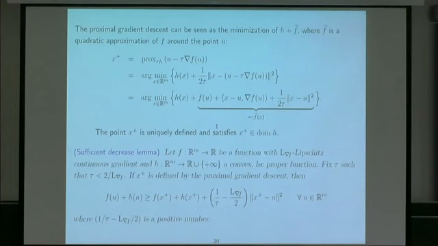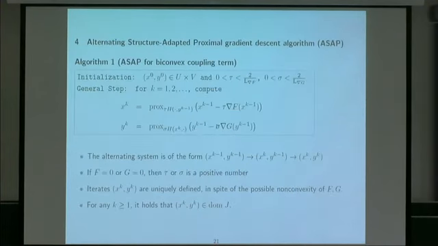Let me go to the next. The algorithm in the case of a biconvex coupling term has the following simple form. Step sizes are fixed as before, and we have the prox with respect to h at the current point y k minus 1, of something which is simple to compute here, and similar for y k.